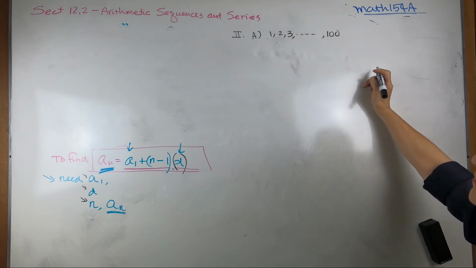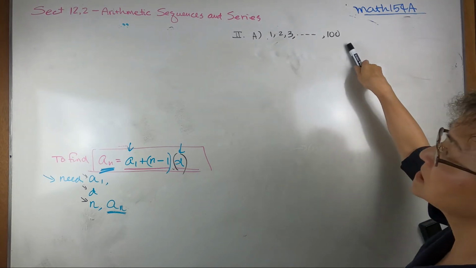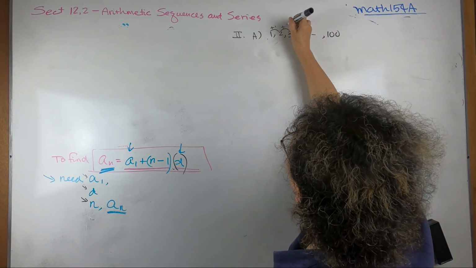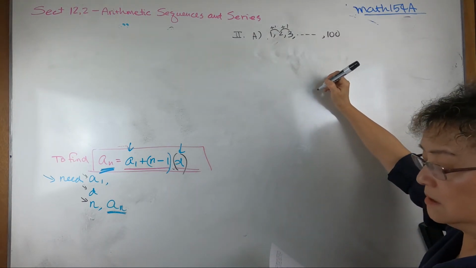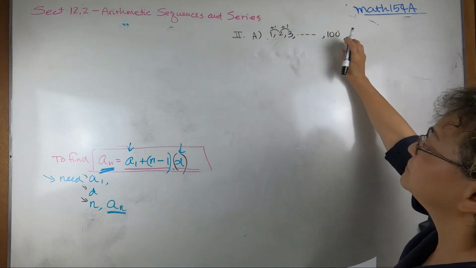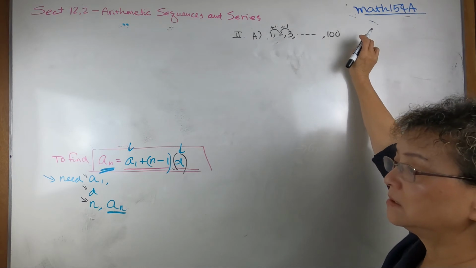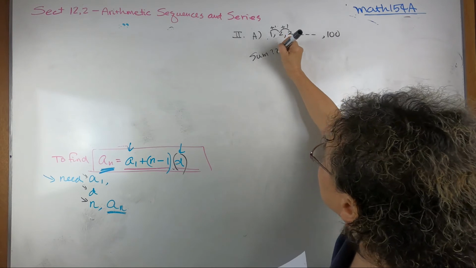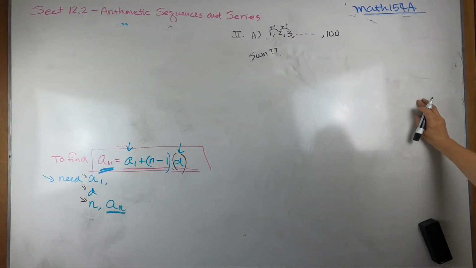Is this an arithmetic sequence? By adding 1, right? Besides finding the sequence, how about the sum if you add them together?